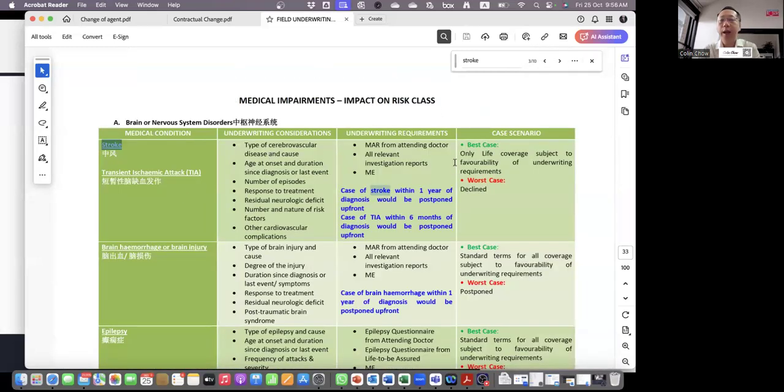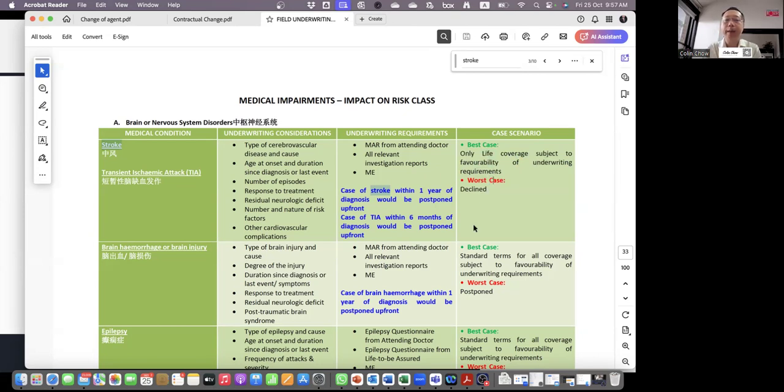For medical card, it says stroke case within 1 year of diagnosis would be postponed upfront. Case of TIA within 6 months of diagnosis would be postponed upfront. Then it says best case is only life coverage subject to favorability of underwriting requirements. Worst case is decline. So this is the guide.